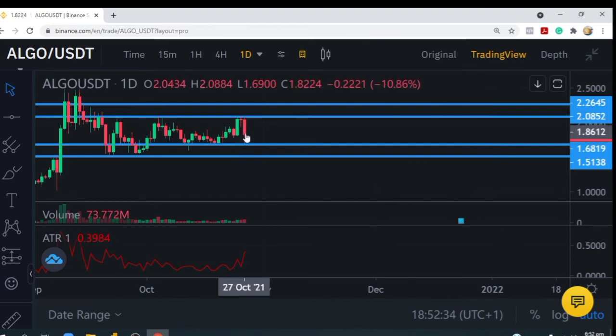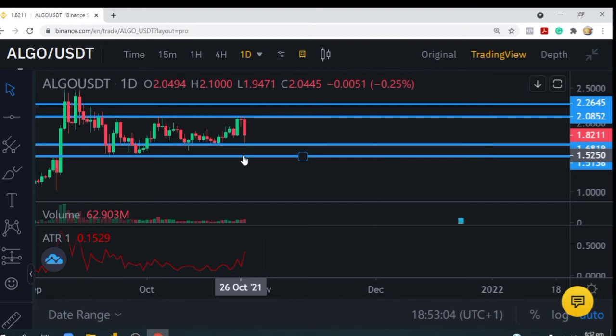So from here we can conveniently predict that buyers are going to step in again and push the price of the asset up. So if you're looking at a possible entry position, then you could consider entering at this particular point. You can set an entry price here, or if you want to be very cautious, you can come down to this point and set an entry position.